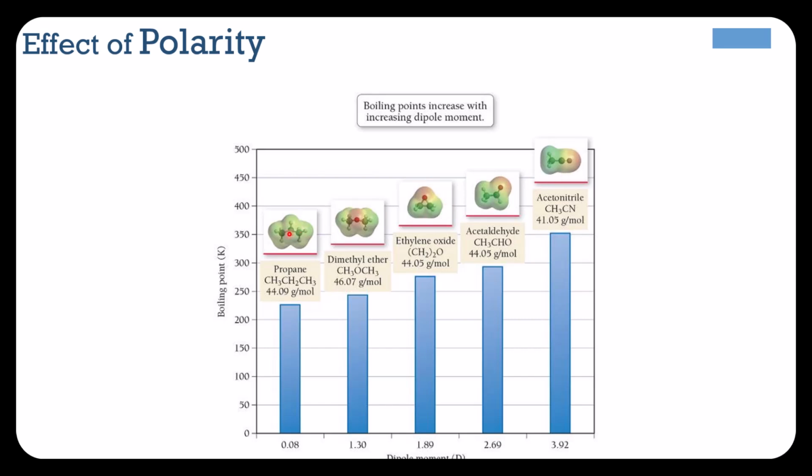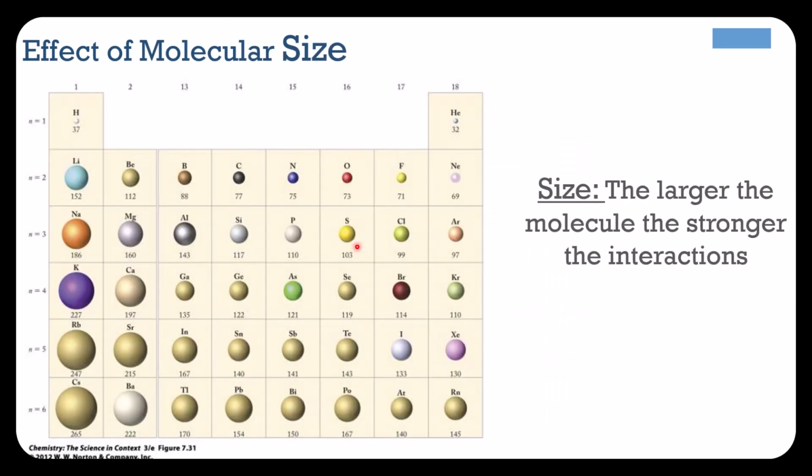So not only is the presence of polarity a factor, but the difference in electronegativity could also be a factor, right? If the difference is 1.5 versus 2.5, that can make a difference as well. So that's the effect of polarity.